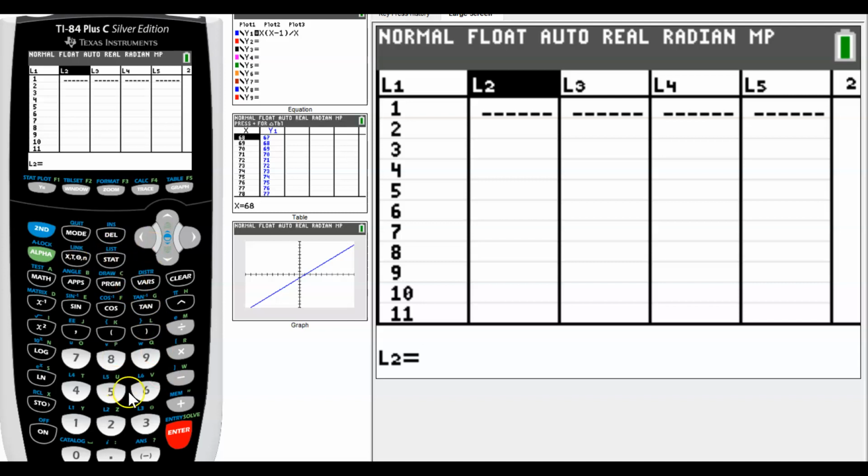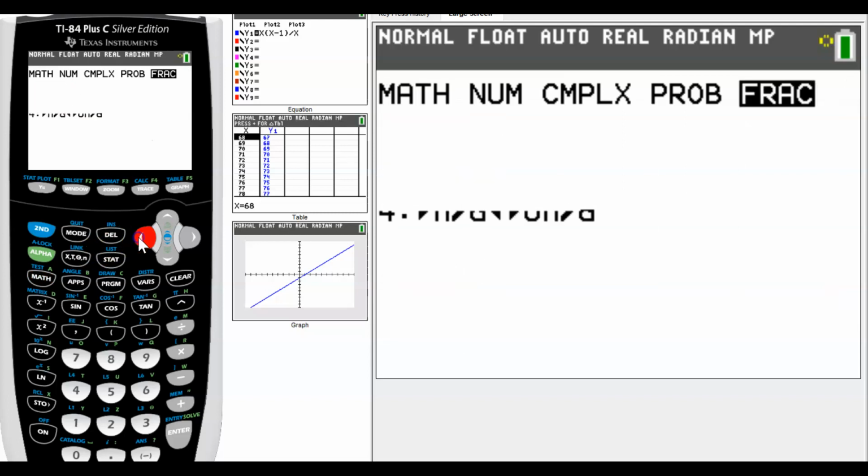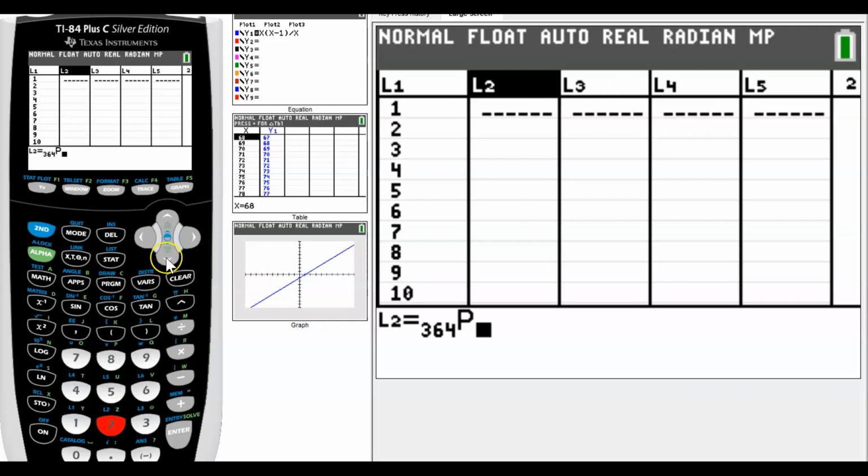So the permutation was always 364. I hit my math key, and permutations are here. I was always permuting 1 less than whatever was in L1. So I'm going to permute whatever number is in L1 minus 1.